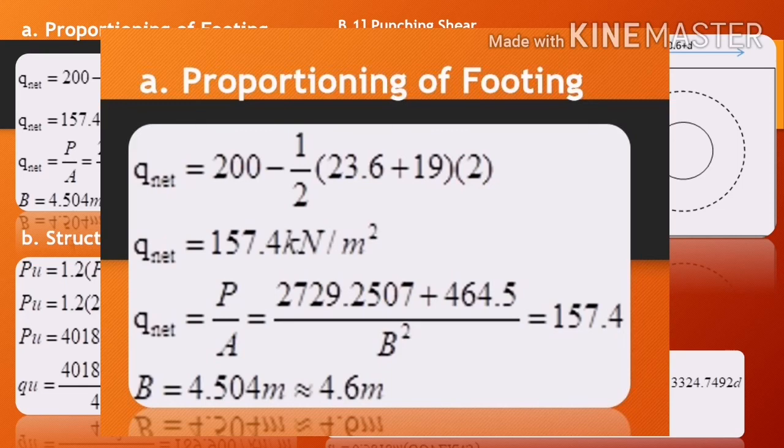So, now let's equate Q net to P over A. So, 157.4 is equal to 2,729.2507 plus 464.5 all over B squared. So, therefore, the value of B is 4.504 meters, approximately 4.6 meters.